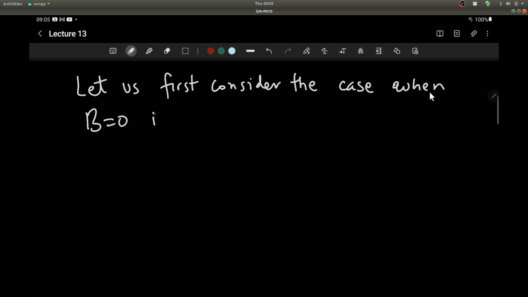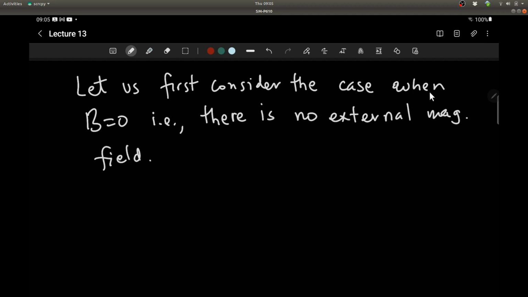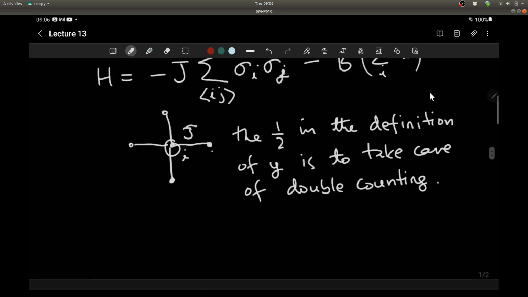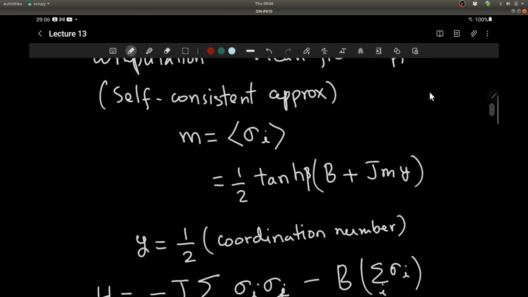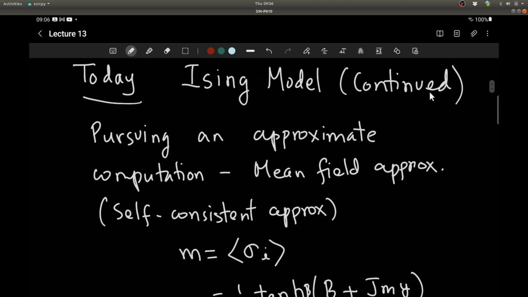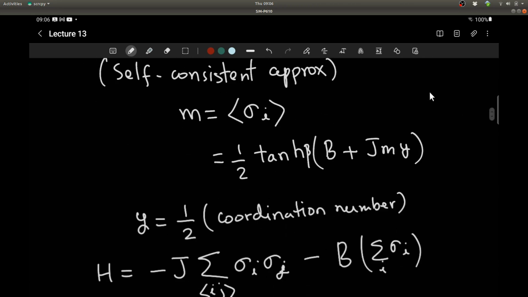That is, there is no external magnetic field. Then the self-consistent equation becomes m equal to one half tanh of beta J y m by 2. I have to look up, sorry. Yeah, even here I forgot. That's a by 2.